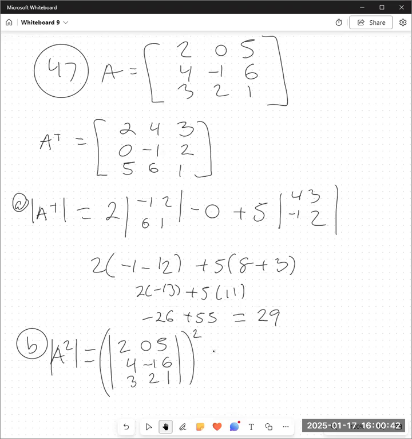Really the transpose doesn't make any difference, but I'll show you that it doesn't make any difference here.